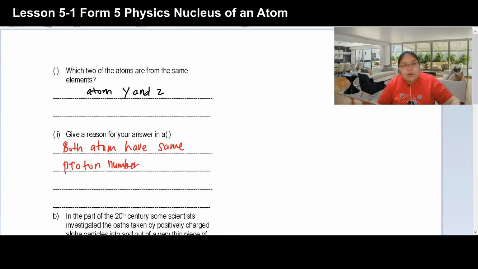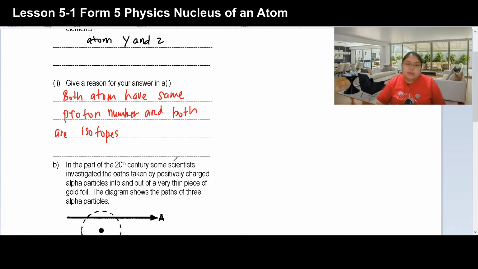We're talking about the proton number. Both have the same proton number. Okay, then after that, both are also isotopes. Okay, that's the same element. And also the proton number is the same, so that's why we call them isotopes.